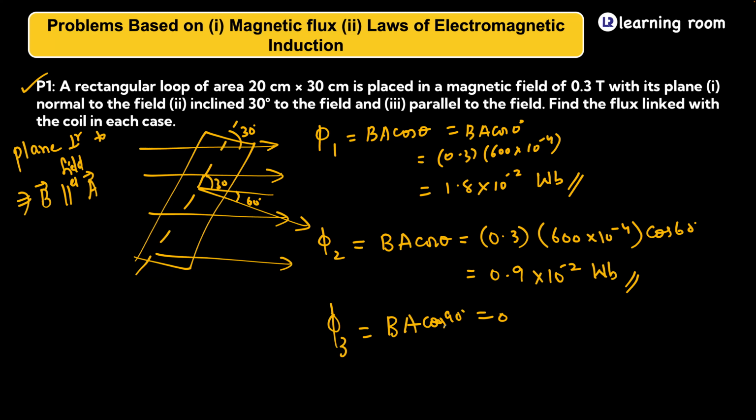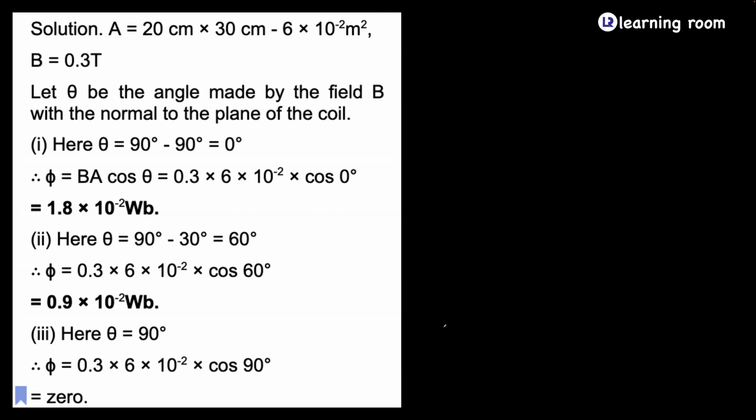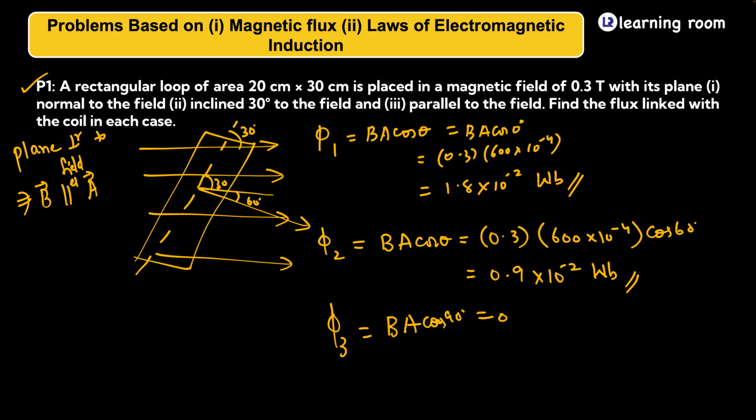Just give me a minute. Let me check the answer. 1.8 into 10 power minus 2, 0.9. Correct. All the three are correct. Understood? Right. See, this is just a problem based on magnetic flux.